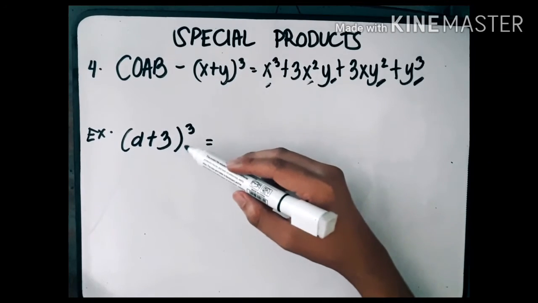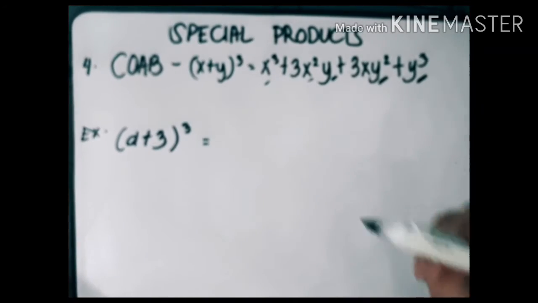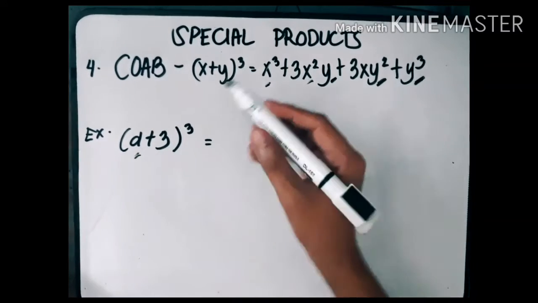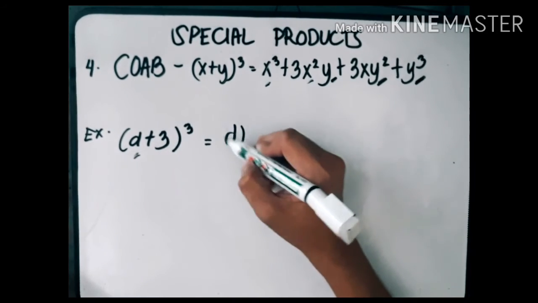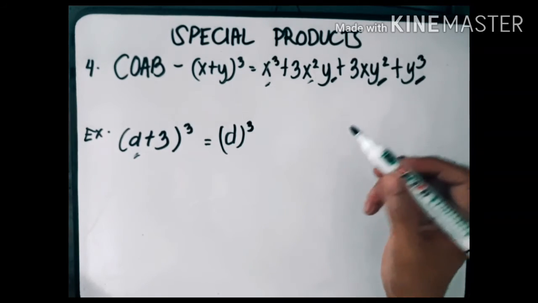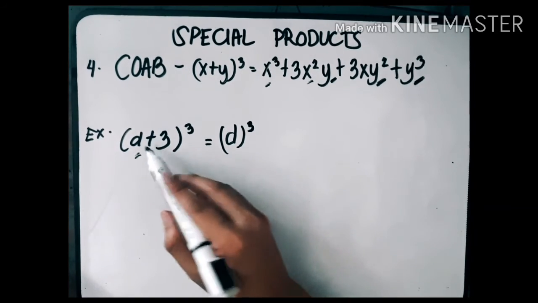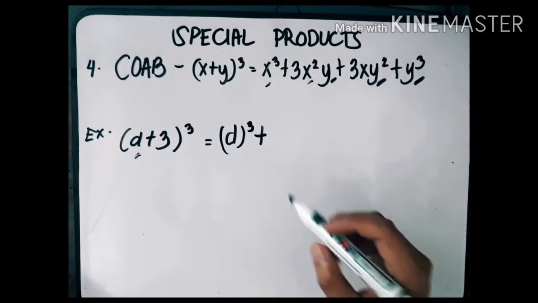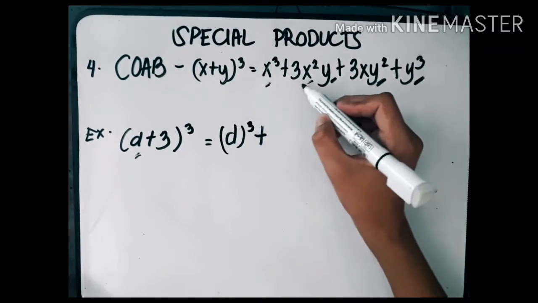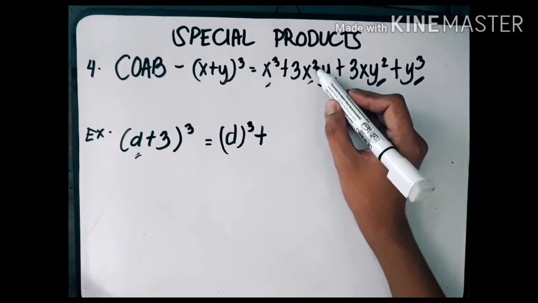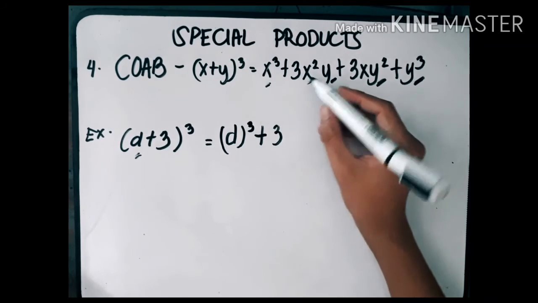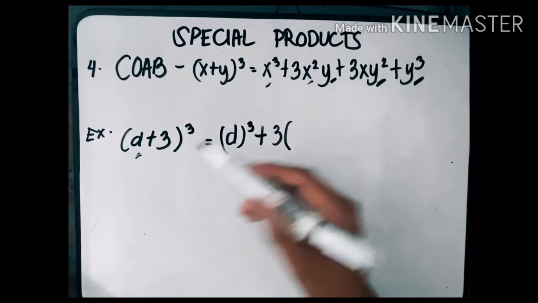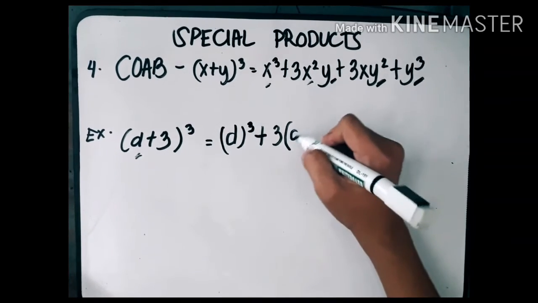D plus 3 raised to 3. So first, kunin natin yung cube ng first term, which is yung D. Next, since positive naman yung sign, so lahat ng sign na gagamitin natin, positive for each terms. Next is thrice the product of the square of the first term.